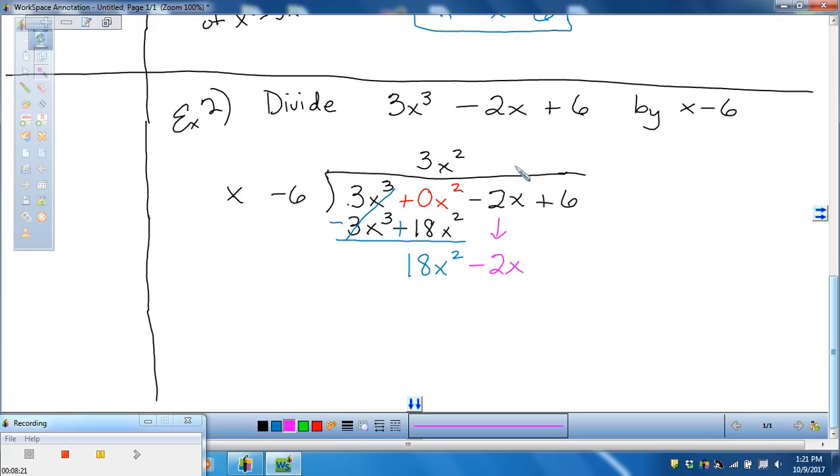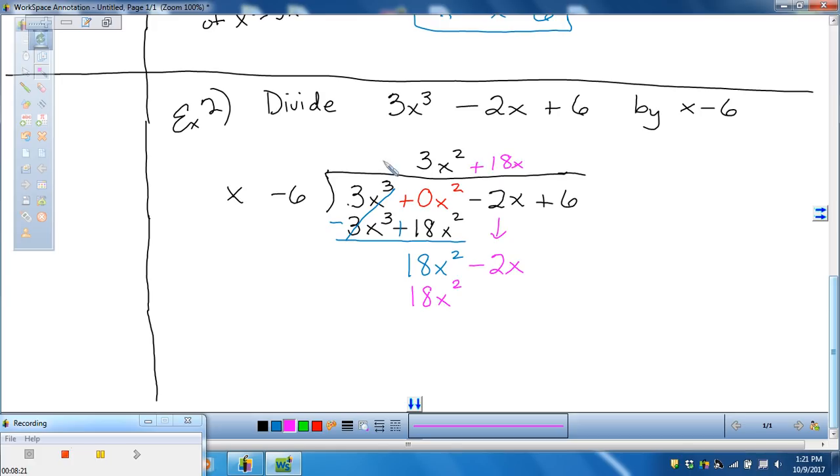And if you said 18x, you are correct. Very good. Notice again that it's lining up right above where the x term is, so that gives you a hint as to what kind of term we're looking for. 18x times x gives me 18x squared. Count your x's, we have 2 of them.